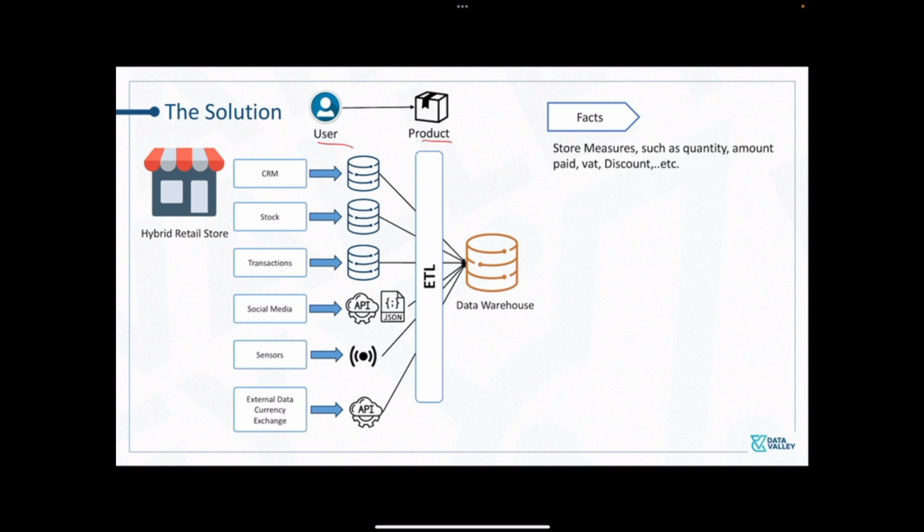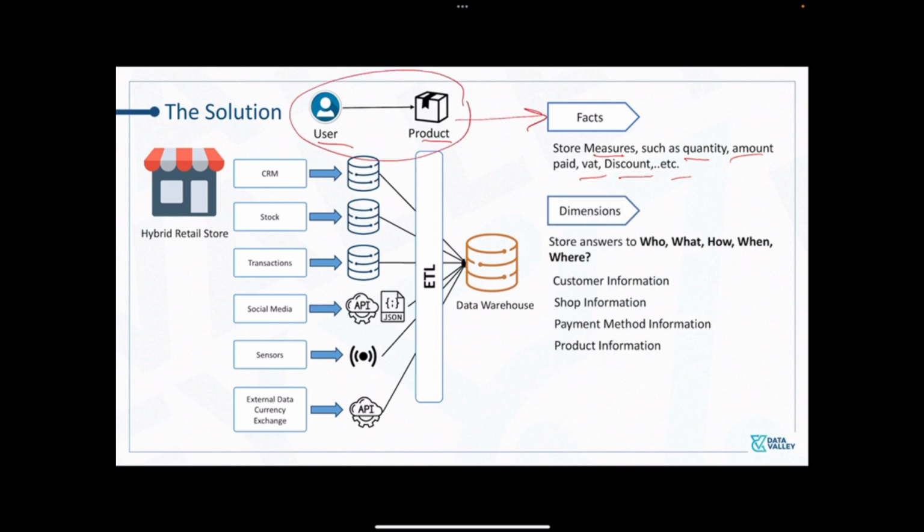We have two types of tables in a data warehouse. We have facts, and in fact tables, we store measures, such as quantity, amount paid, VAT, discount, and so on. So any kind of measurables, any kind of measures in this business process, we will store in fact tables. Another type of table in a data warehouse is called dimensions.